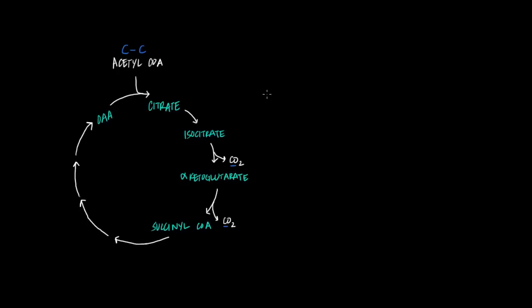So to summarize, let's go ahead and write out the overall chemical reaction of the citric acid cycle. We have as our reactants acetyl-CoA entering the cycle. We also have some coenzymes like NAD+ and FAD, and we also have a free GDP.